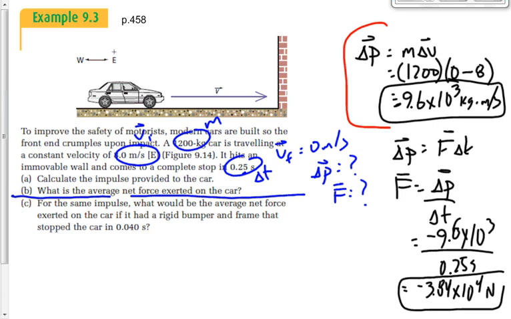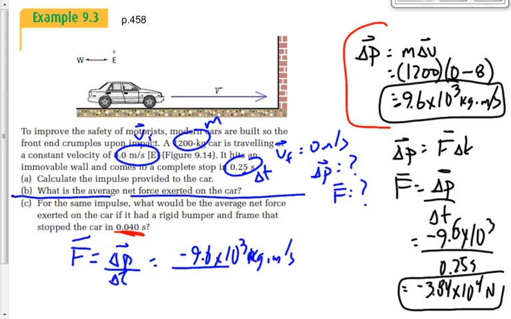Question C, it's got the same impulse, but it stops differently so that the time of impact is 0.04 instead of 0.25. In other words, it stops a lot quicker. What's the force going to be? We're going to say force is equal to delta P over T. Delta P is negative 9.6 times 10 to the 3 kilograms meters per second, divided by a time of 0.040 seconds.